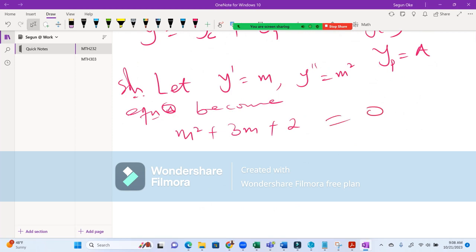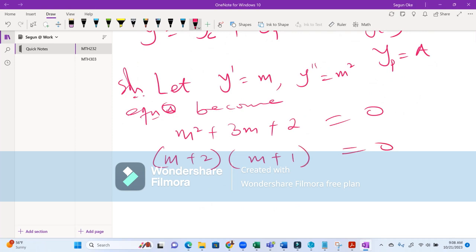Let's say equals 0 now, just for us to get our m. So we have this one to be m plus 2 and m plus 1 equals 0. So at the end of the day, we are going to have m equals minus 2 and m equals minus 1.